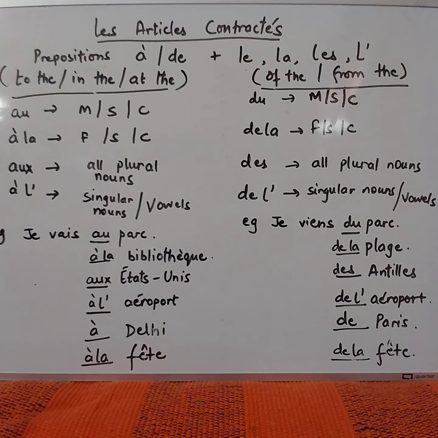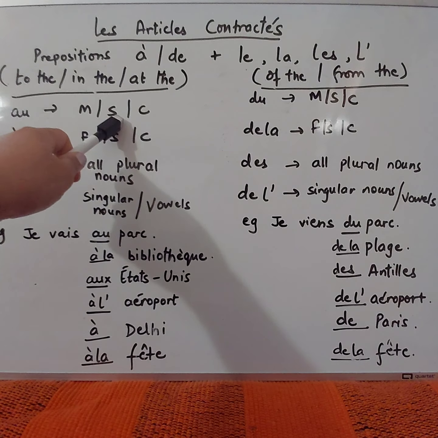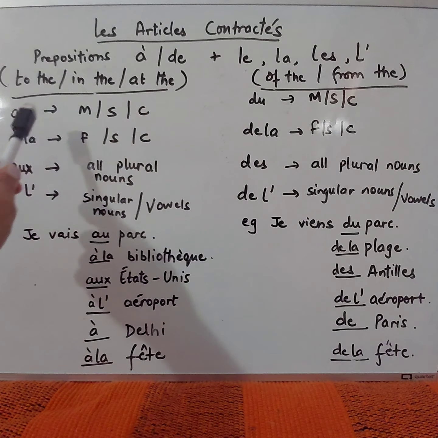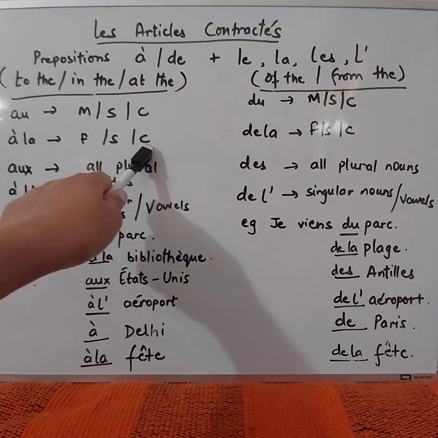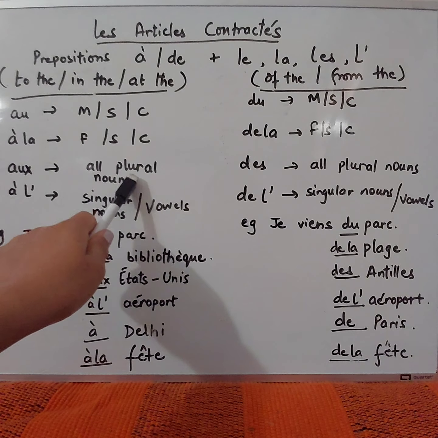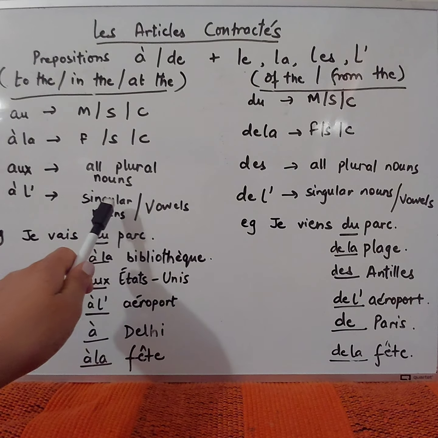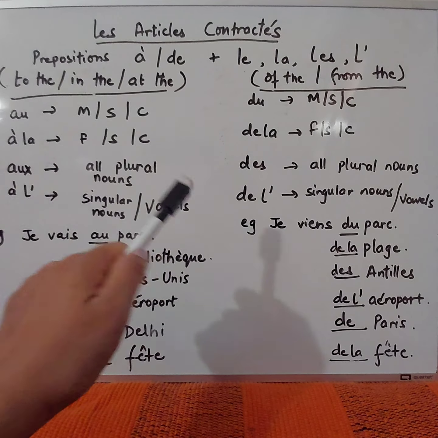Now, where do we use them? Au is used for all masculine singular nouns beginning with consonants. À la for feminine singular nouns beginning with consonants. Aux for all plural nouns. À l' for singular nouns beginning with vowels, right?